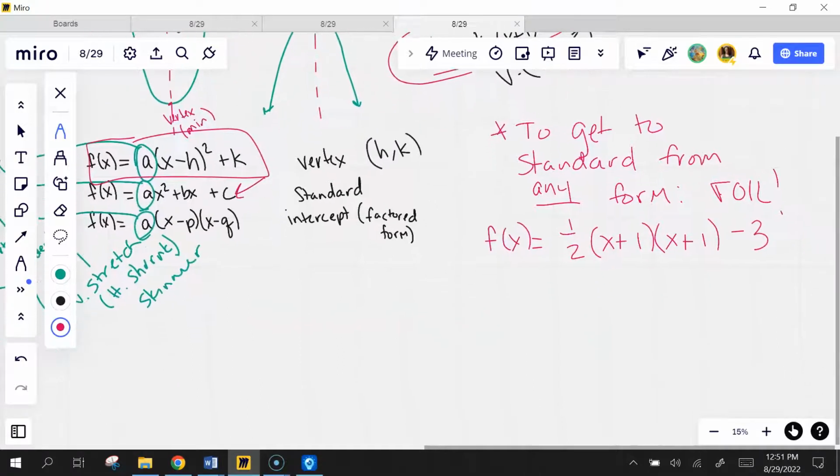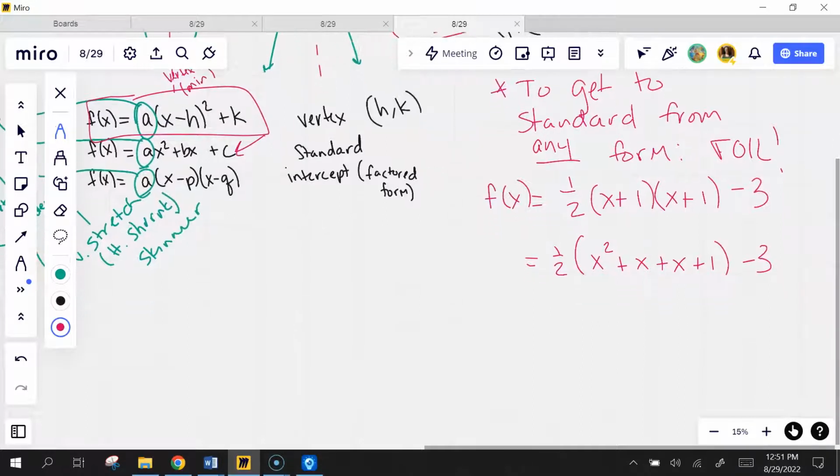So now I can multiply things together, but I can't multiply more than 2 things together at one time. So I'm going to leave that 1/2 out there, and I'm just going to multiply these out. X squared plus x plus 1. If you can do that FOIL in your head, that's okay. You don't have to show that extra step there.